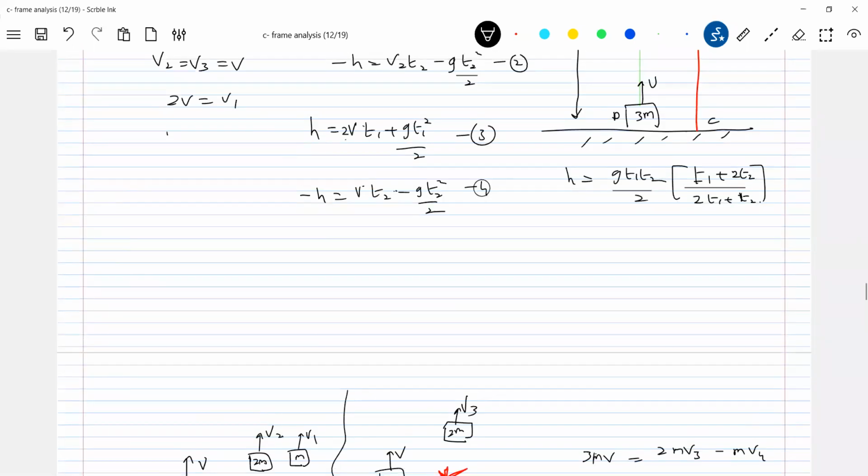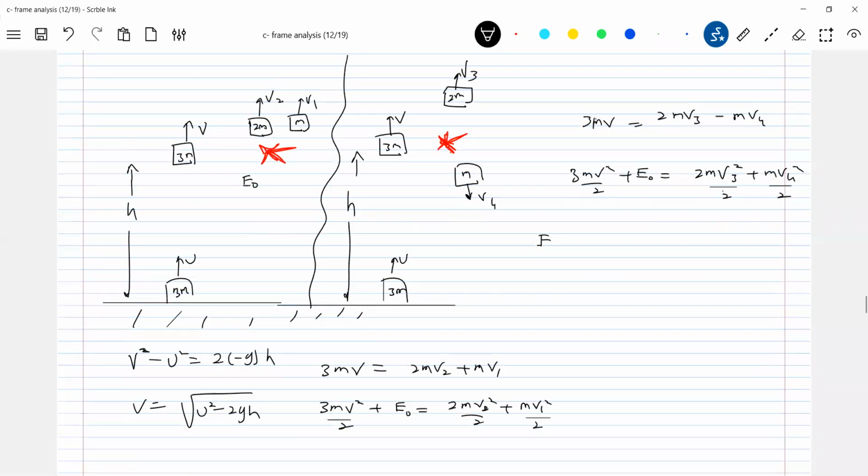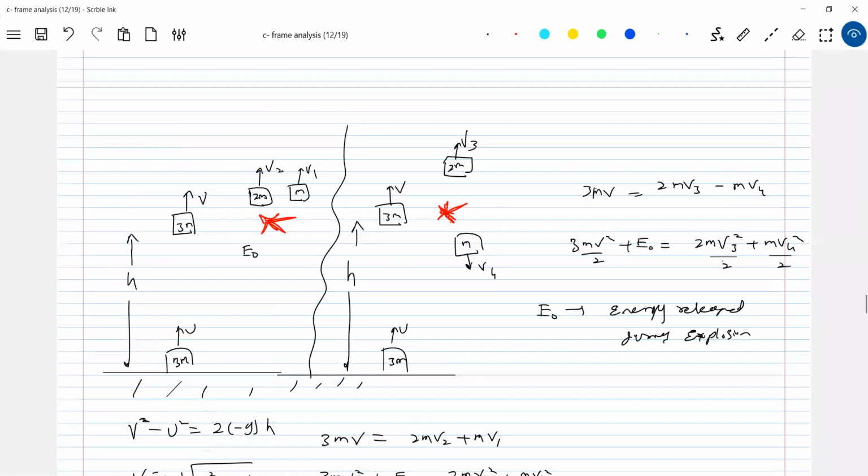So have this generalized idea. E0 is the energy released during explosion. Momentum should be conserved only during the explosion, not when the shell 3m is ascending. Here momentum is not conserved, because weight is acting. Only during the explosion must momentum be conserved.